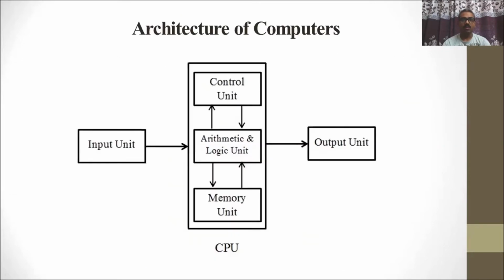Architecture of computer. We also say anatomy of computer. So on the left side is the input unit. Here the input unit or input device is connected to the CPU, and the CPU is divided into three parts: control unit, arithmetic logic unit, and memory unit.